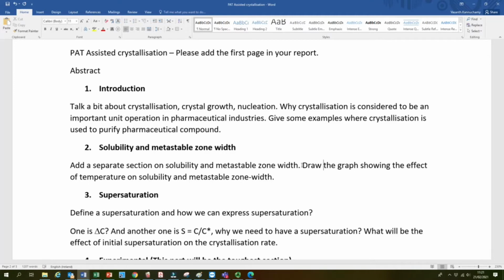In both your assignment and your lab report, try to add as many figures as you can. Figures can only improve the quality of your lab report and your assignment.